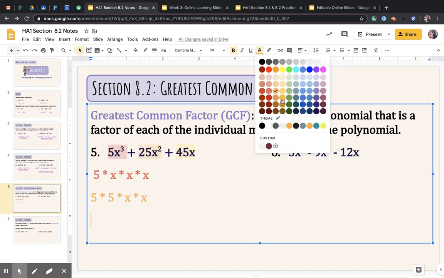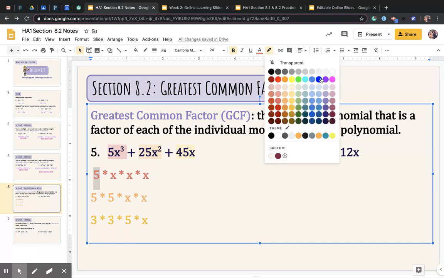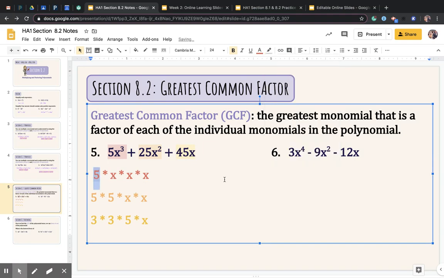And then for 45x, that's 3 times 3 times 5 times x. So similar to the radicals, we want to find the things that repeat. So if you notice, each one of these, let's use gray. It'll show up.